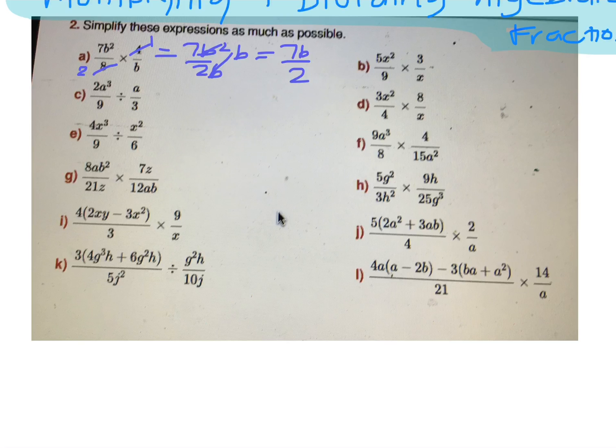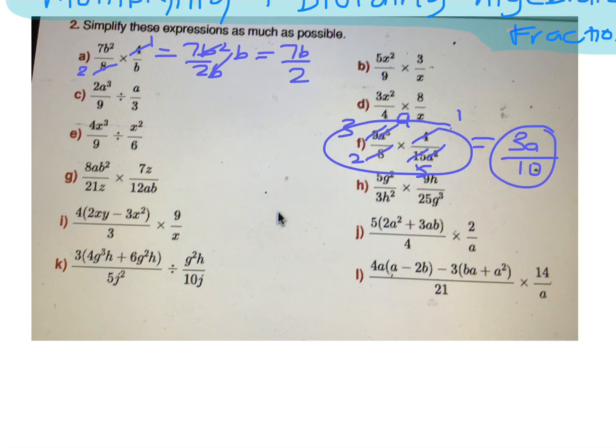So let's just look at, I think I've done that division one. All right, let's look at this one here. 4 goes into 4 once and into 8 twice. 3 goes into 9 3, and into 15 5. We've got a squared there and a cubed, so there'll be a left on top. So on the top we have 3a times 1 is 3a. 2 5s are 10, and that'll be it.